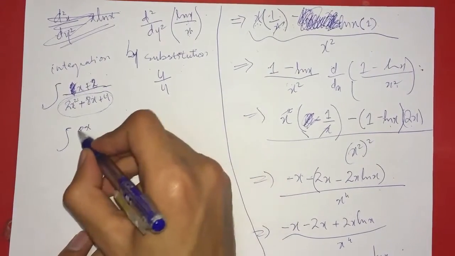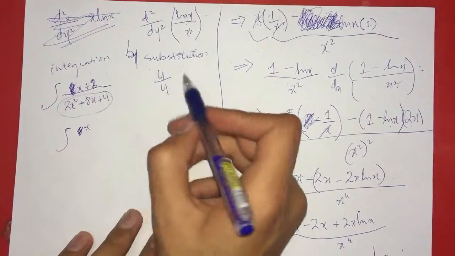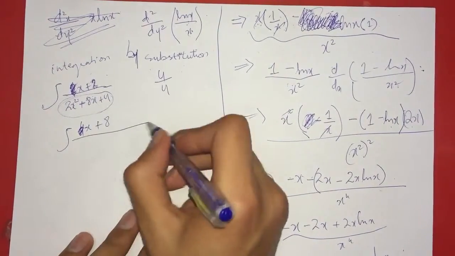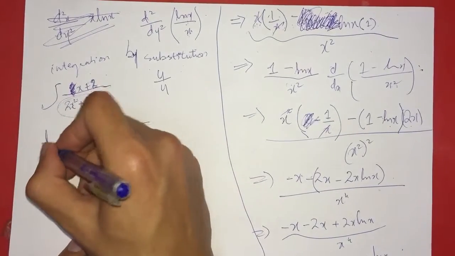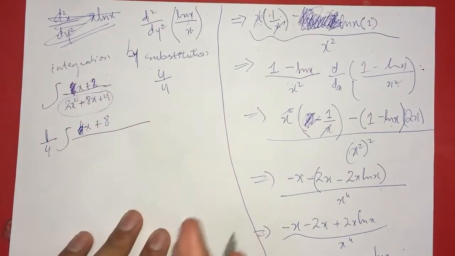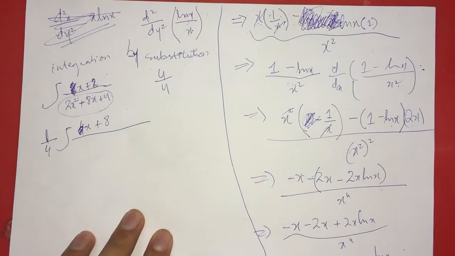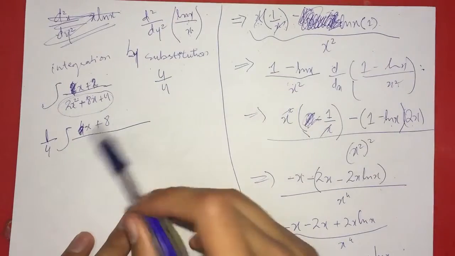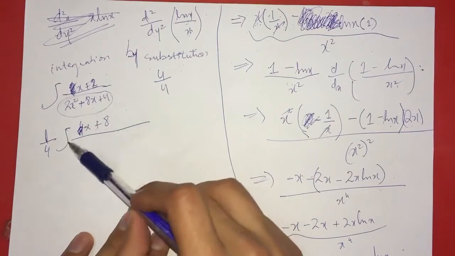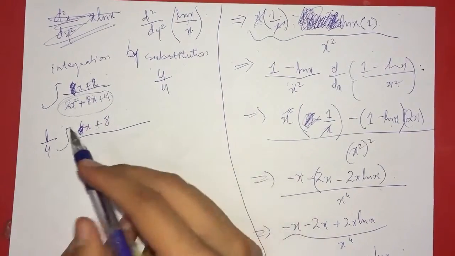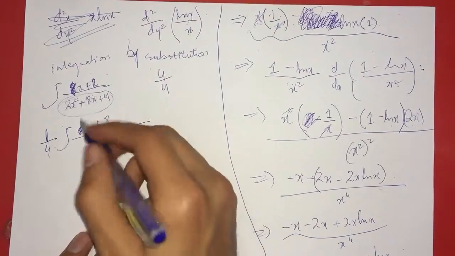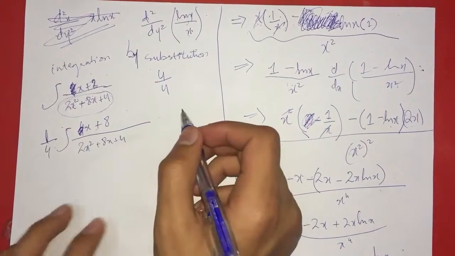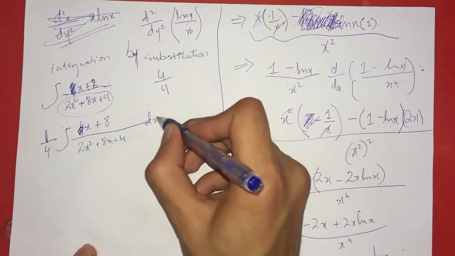So it's going to give you 4 into x plus 2, so 4x plus 8, divided by, so we just multiply the numerator by 4, it gives us this, and then we take out the constant, so we are left with 1 by 4, because we don't want to multiply this 4 by this. So what we are left with is 2x squared plus 8x plus 4. Now what we can do is apply the method of substitution.